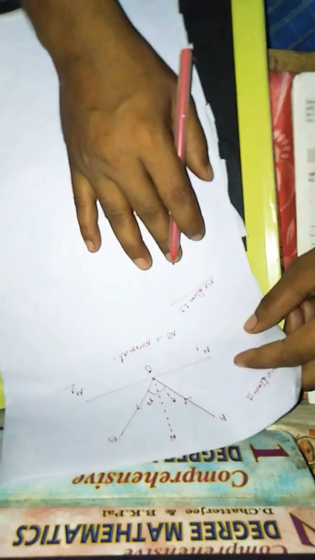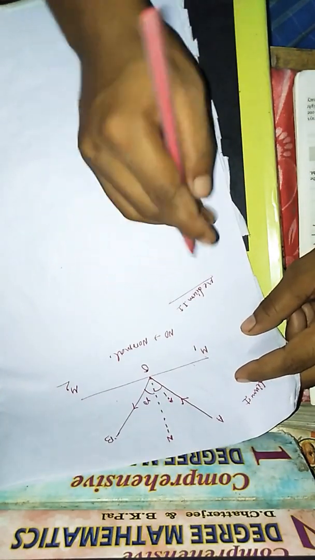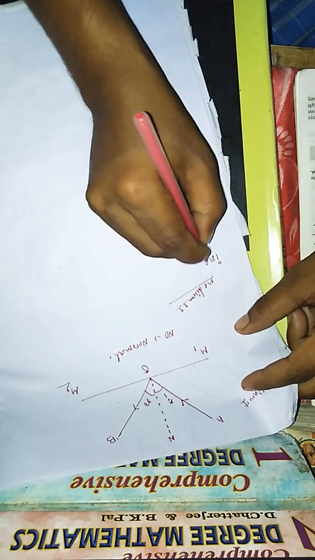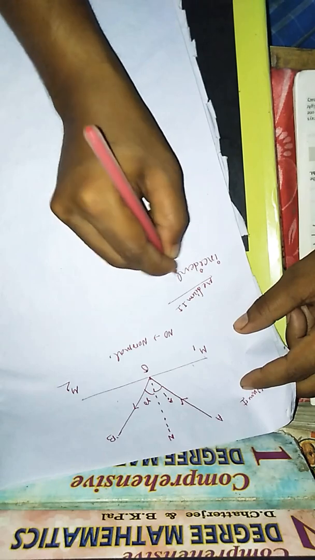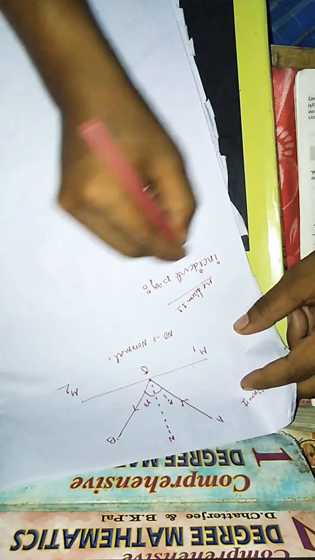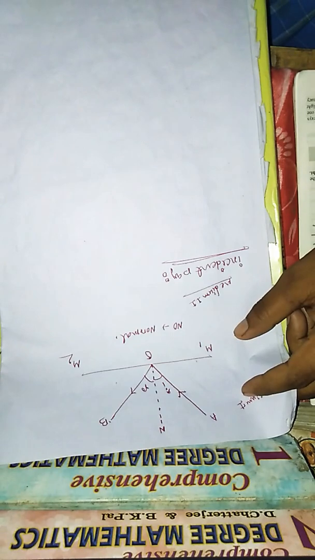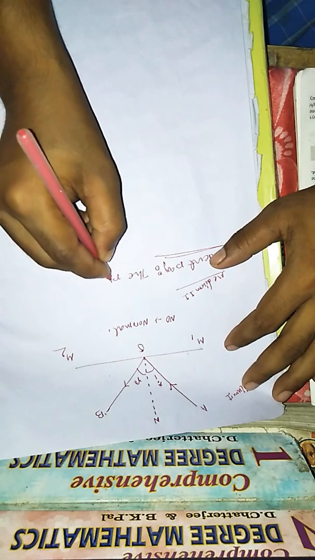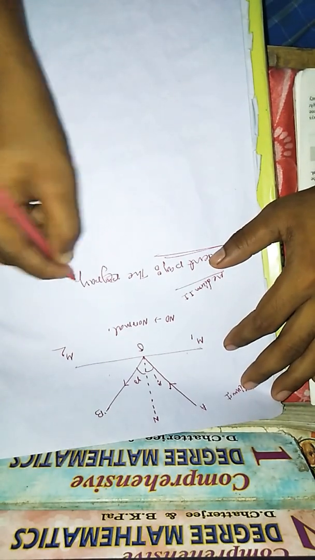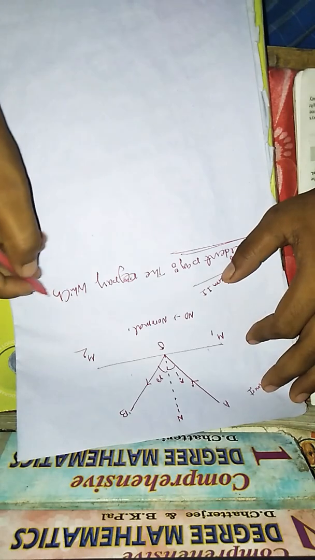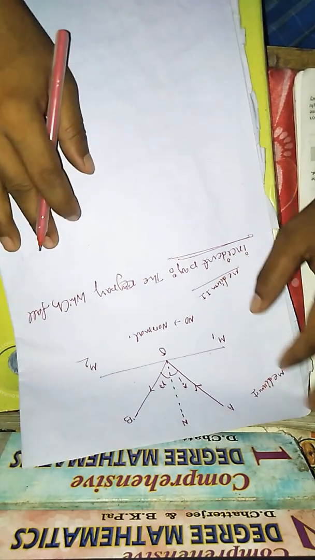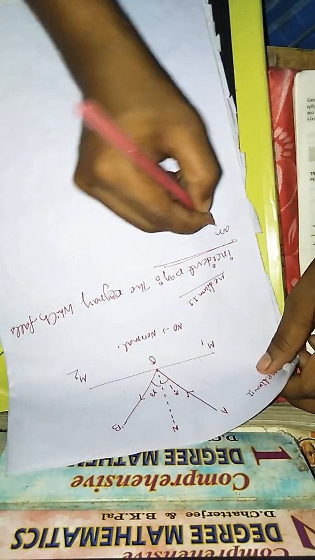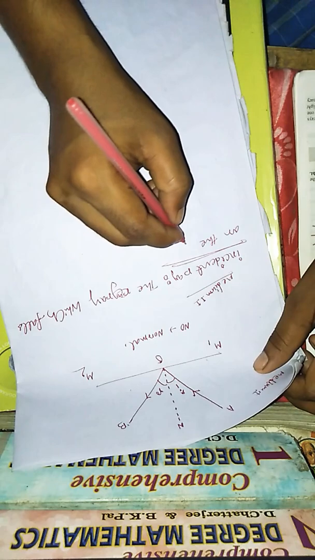So what are the terms related to the reflection of light? Now we describe. First is the incident ray. What is the incident ray?